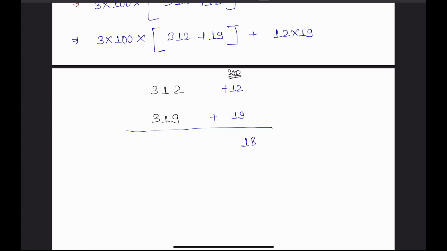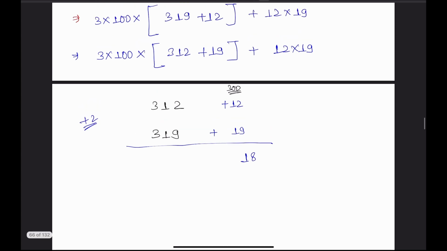So 18 will be there, 2 will be the carry. Then what we used to do previously is add either 312 plus 19 or 319 plus 12. It's the same thing. So 12 plus 9 is 21, plus 10 is 31, so 331 will be there.